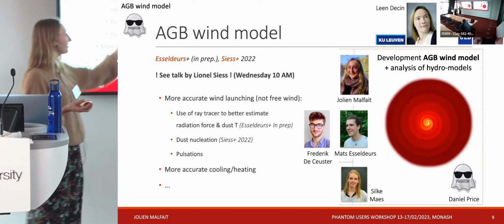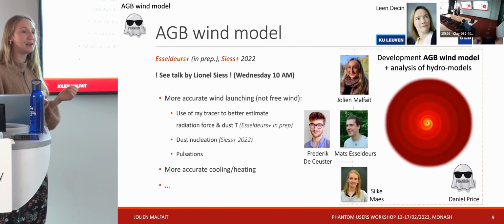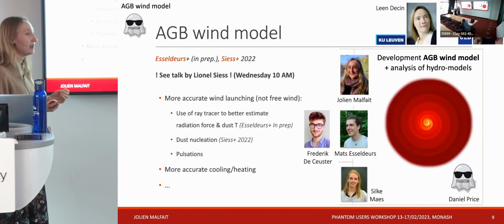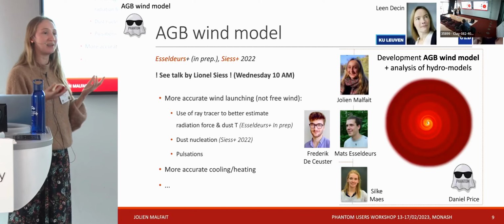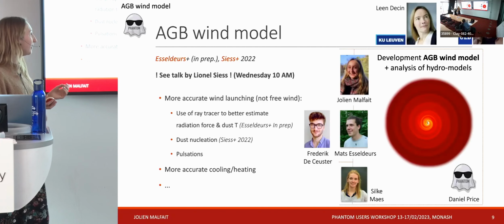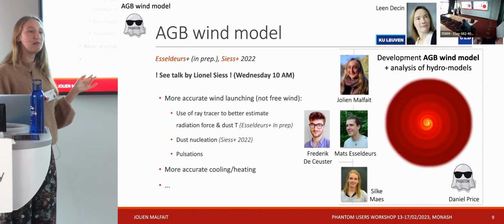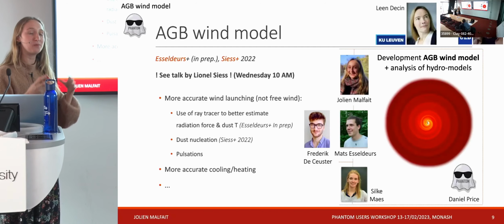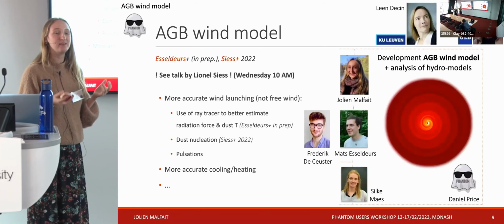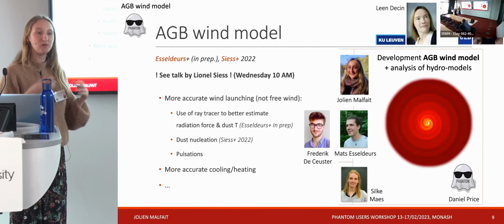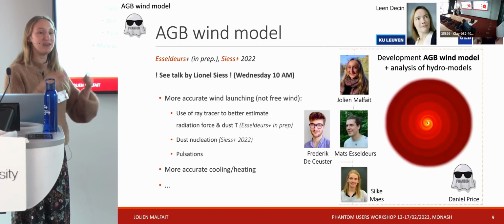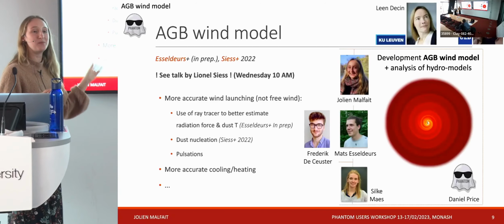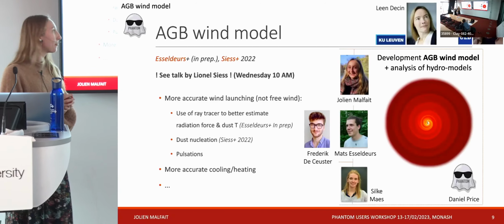For example, Mats Esseldeurs already worked on using a ray tracer to better estimate the radiation force and dust temperature, so to get a better wind launching. And then Lionel also implemented some dust nucleation already. In the future, it would be nice if we could implement the pulsations of the AGB star, since these are also important in launching the wind and in seeing which structures are forming. And then there's also more accurate cooling and heating going on.